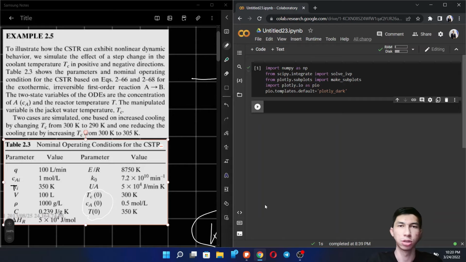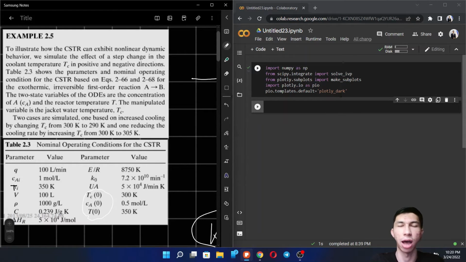Okay, so now let's write the Python code that will simulate our equation and see what kind of model we're going to have using the ordinary differential equations we found earlier. For our code, as we are dealing with differential equations, we're going to be using the solve IVP function from SciPy integrate.